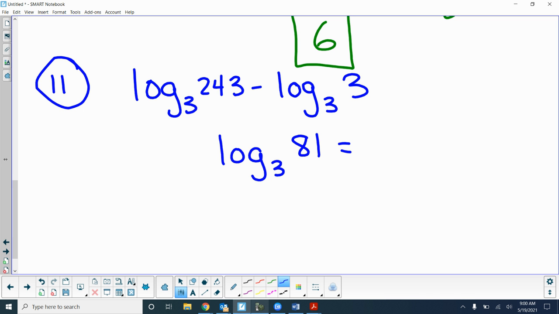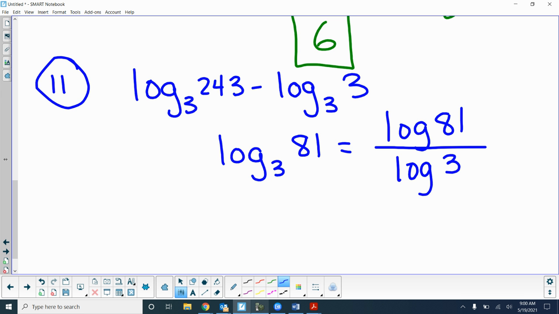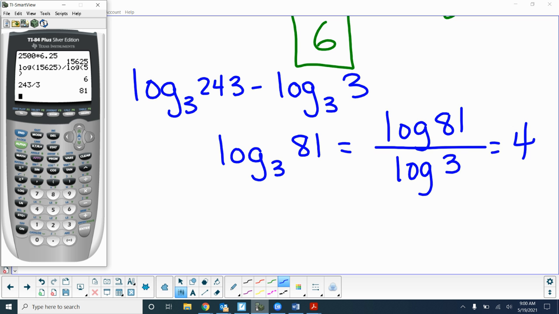So log of what divided by log of what? Yeah, log of 81 divided by log of 3, which is 4. Log of 81, close it up. Log of 3, close it up. What I keep forgetting? Dividing, getting in a hurry.